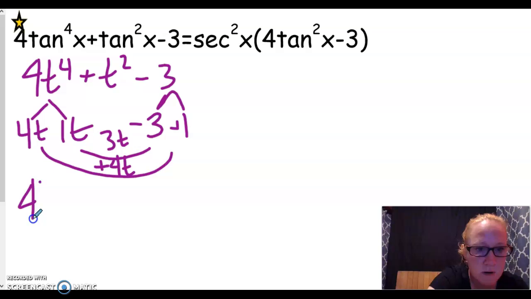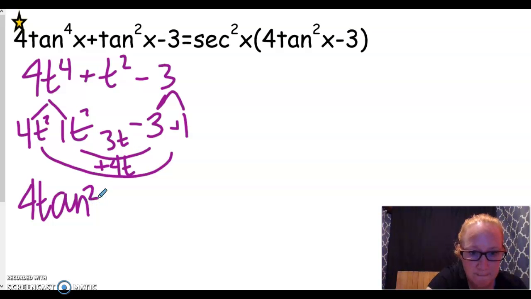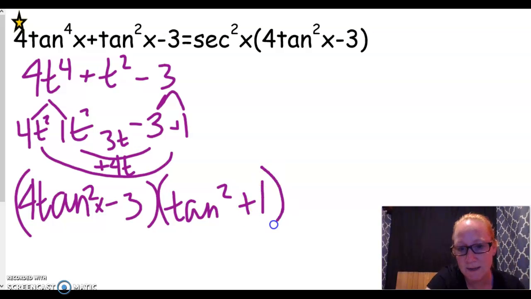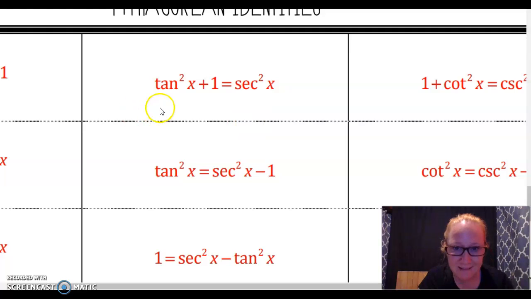So I've got 4 tangent squared minus x minus 3 times tangent squared plus 1. Okay, now tangent squared plus 1 is secant squared. I was looking for that.